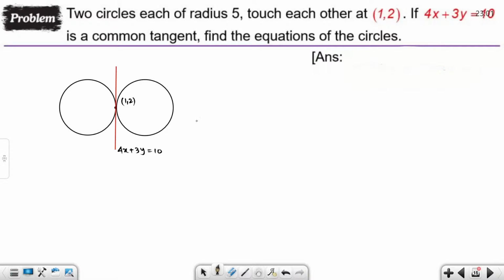Here I will do it in two methods. Method one is, I will use the family of circles. So what I will say is, the equation of any circle which is passing through the point 1, 2 and to which the line is tangent is given by this.